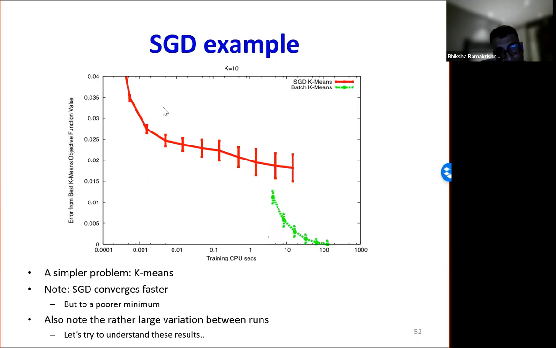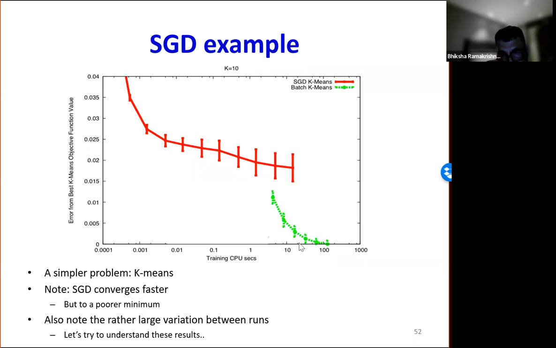The green curve and the red curve are the average error over many runs, and the bars show you the variance. The red curve is what you get using SGD. The green curve is what you get using batch k-means. And what we observe is that SGD converges much faster, but it gives you a much crappier solution than batch.